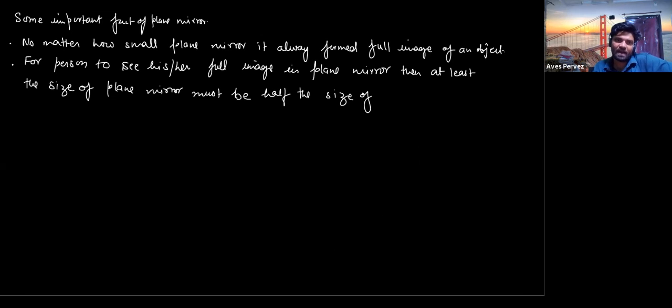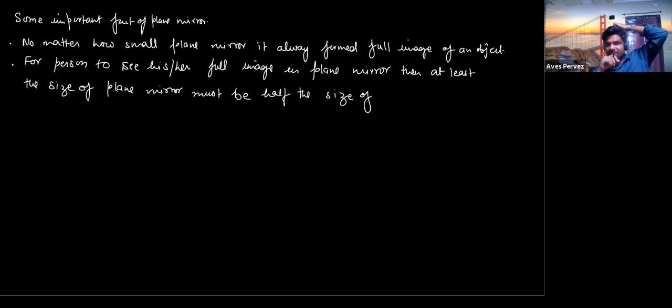Okay, and you need to keep in mind, for a person to see his full image in a plane mirror, the size of the plane mirror must be at least half of the height of the person. So if you want to see your full image in the mirror, the size of the mirror must be at least half of your height.